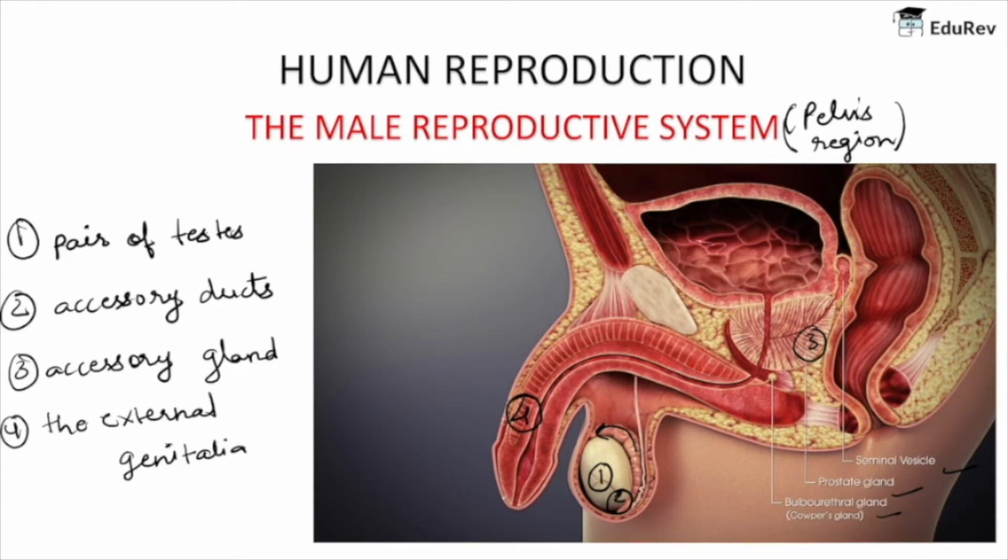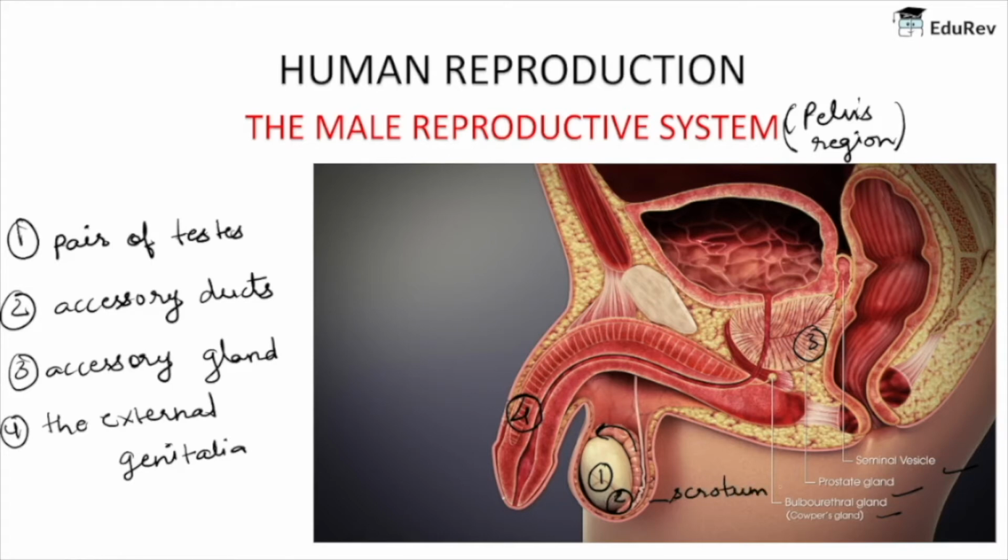Now, the testes, as you can see, are present outside the abdominal cavity. All the other structures except for the external genitalia are inside, but the testes are present outside the abdominal cavity inside a pouch-like structure known as the scrotum.